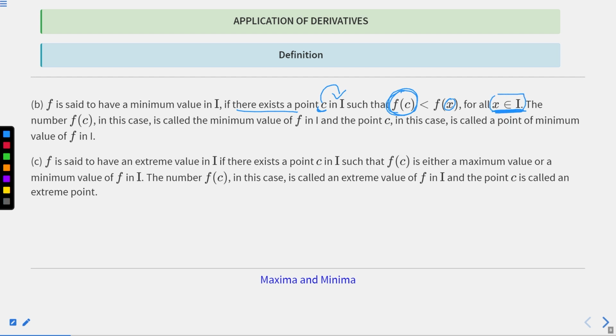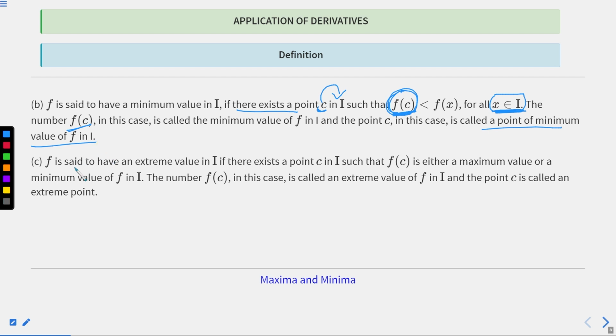If this is your domain, then f of x will have some range, and this range must have some minimum value. Then f of C will be your minimum value, and the point at which we attain our minima is the point of minimum value of f in I.